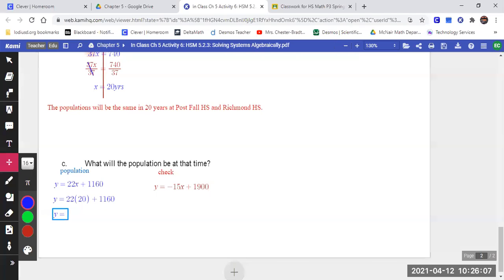Someone give it to me. 440 plus the 1160.